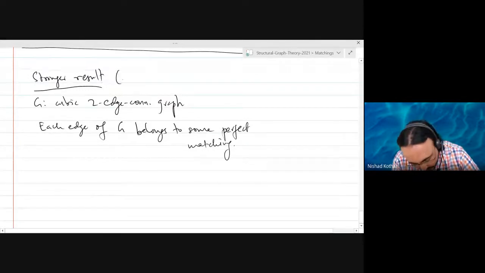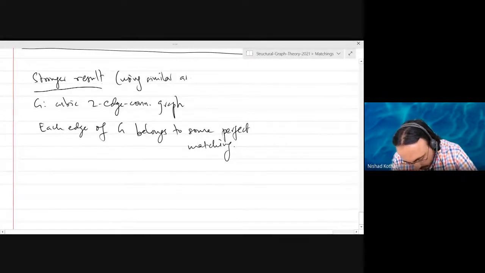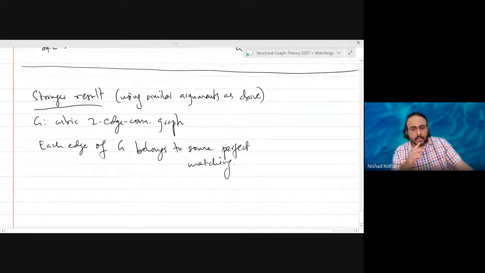Using similar arguments as above. Okay, so not only is the graph matchable, but for every single edge of the graph, you can find a perfect matching that contains that particular edge.